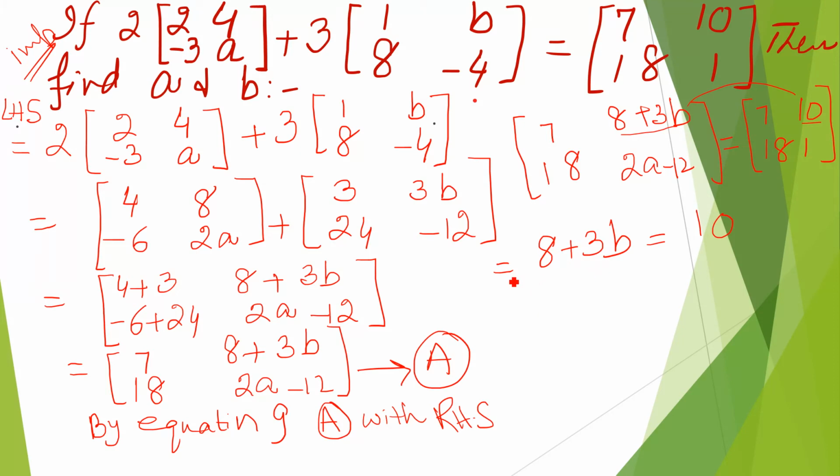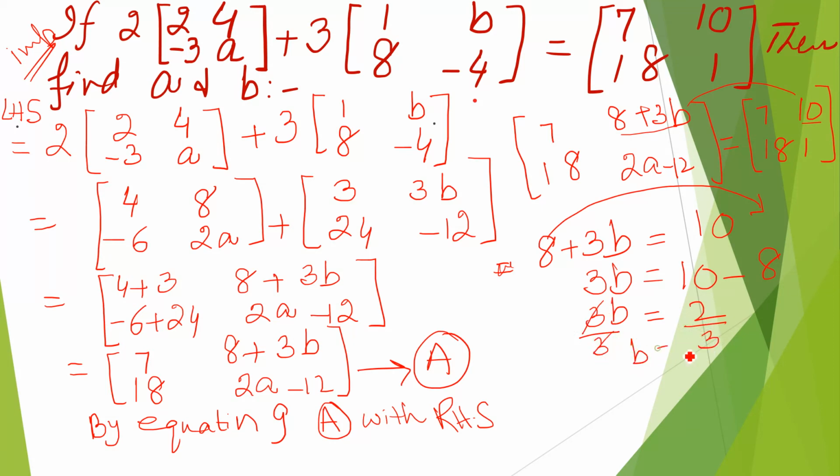We want only b, right? So 8 plus 3b is equal to 10. We will take this 8 to the other side of the equation. It will be 10 minus 8, which is equal to 2, and this is 3b. We want only b here, so we will divide both sides by 3. So the value of b is equal to 2 by 3. This is the first requirement.